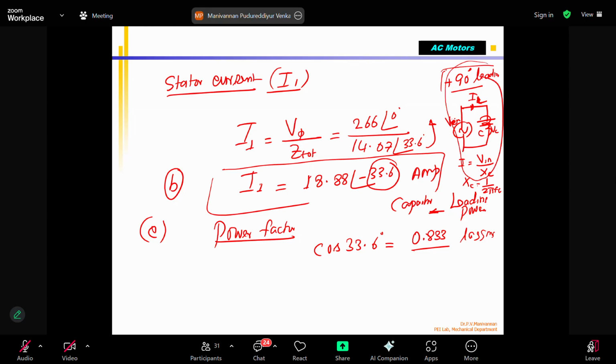Okay, then D part. What is D part? It is input power, P input power, the total power supplied. We already saw the equation: root 3 times VT IL cos theta. VT is the terminal voltage, already given here.